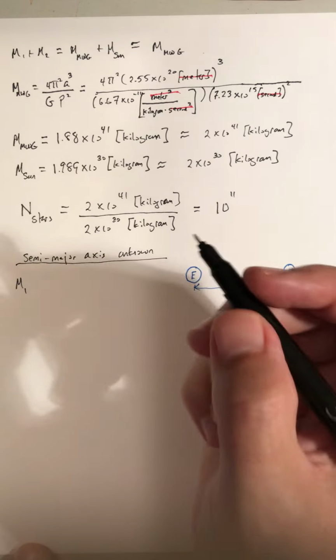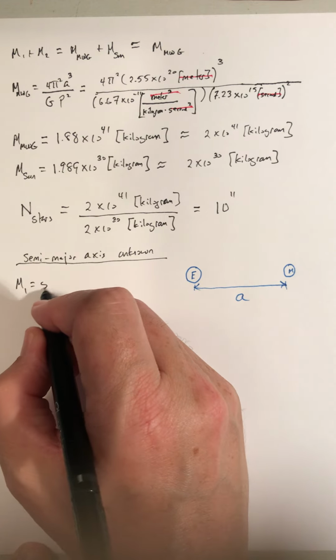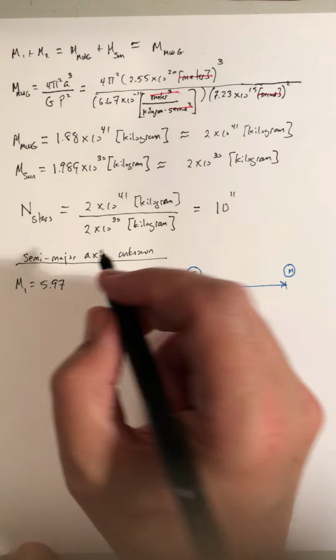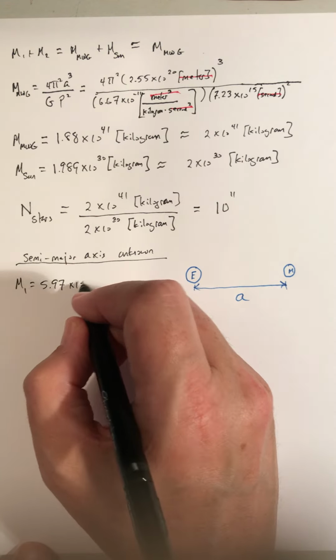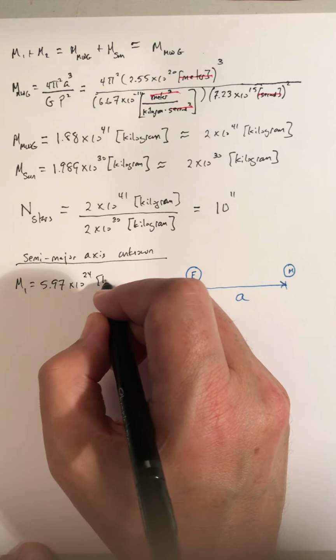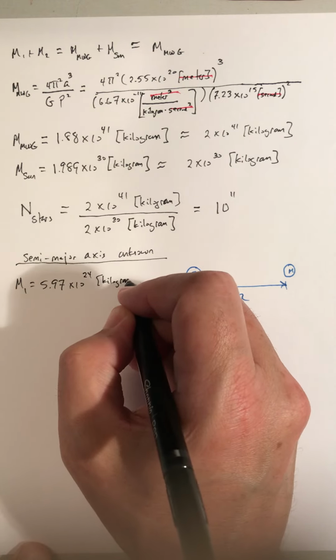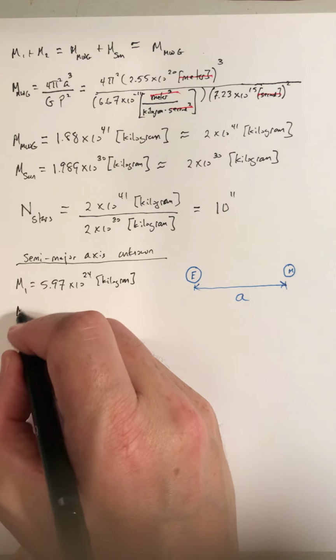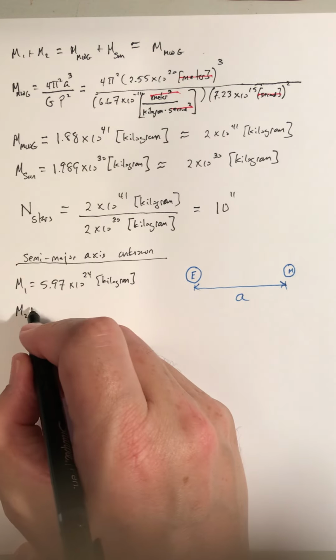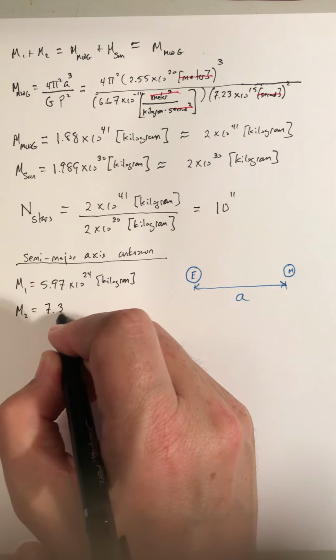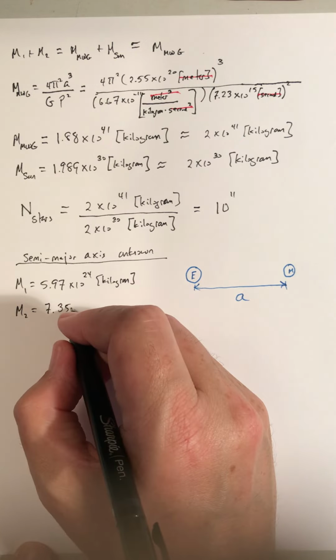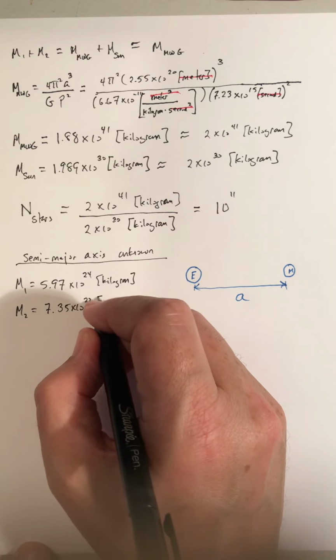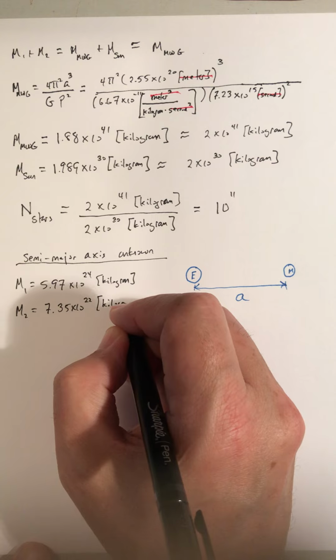So M1 is going to be the mass of the Earth, 5.97 times 10 to the 24th kilogram. M2, 7.35 times 10 to the 22 kilogram.